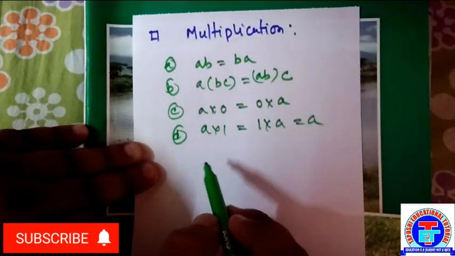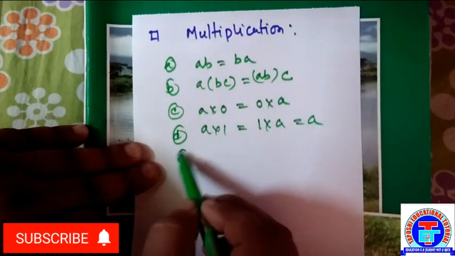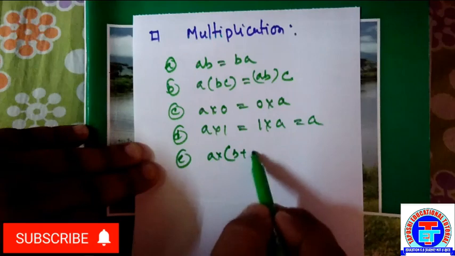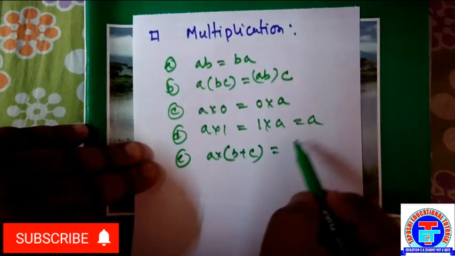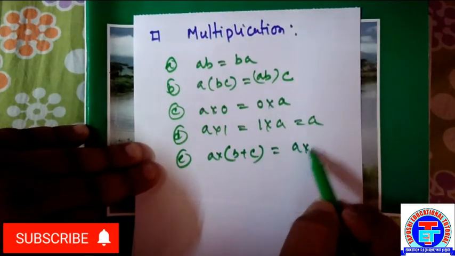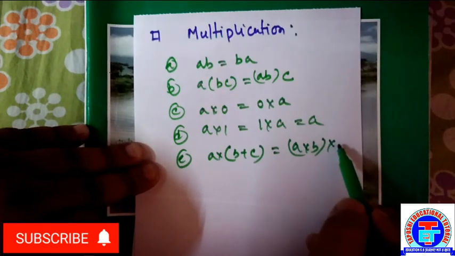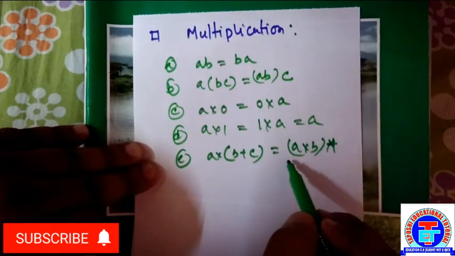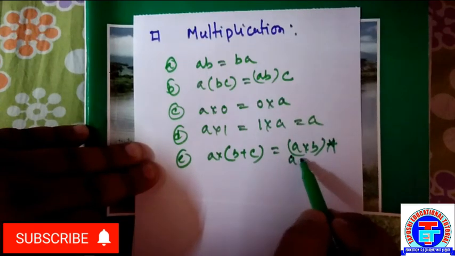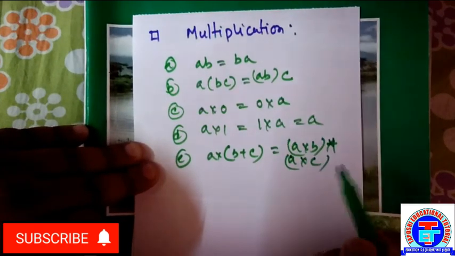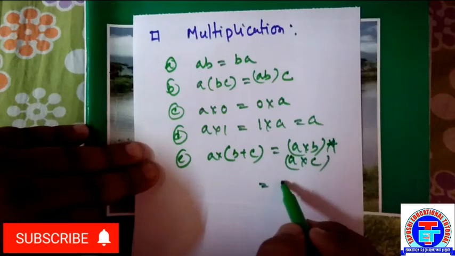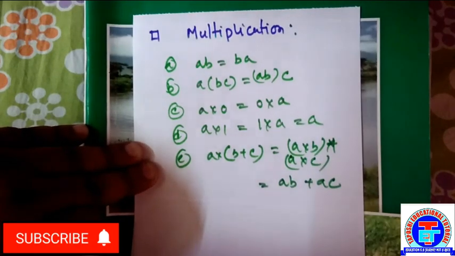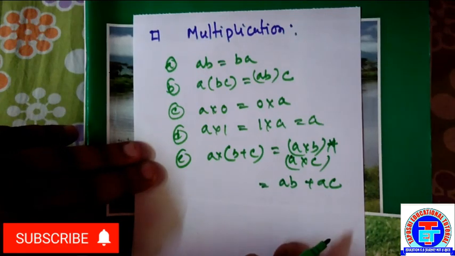Or we can also write number e: a into (b plus c), or we can write here a into b plus a into c, right? So here it will become ab plus ac, right?